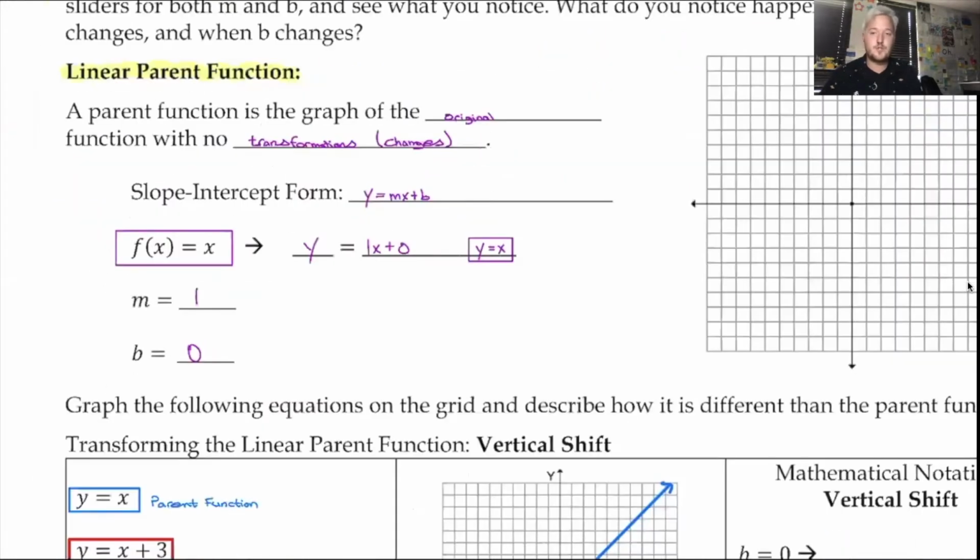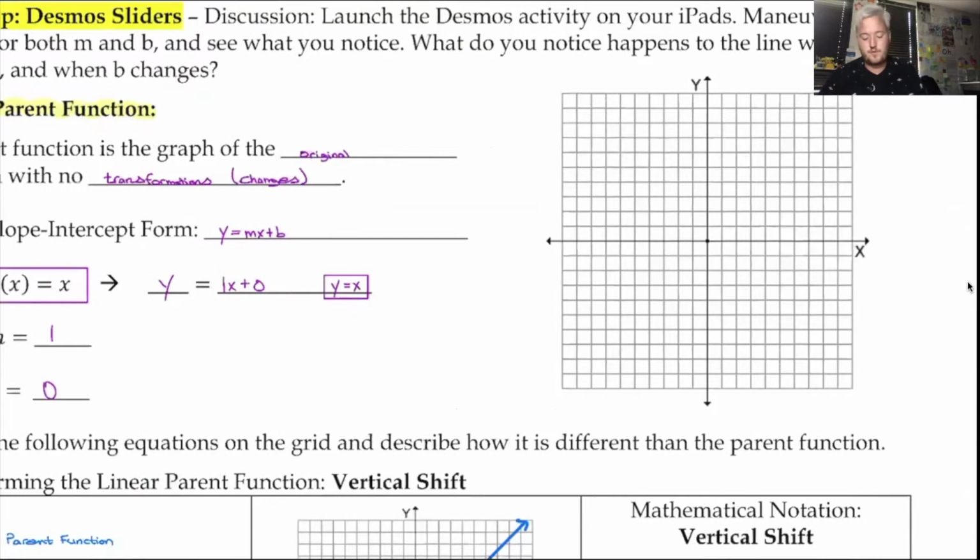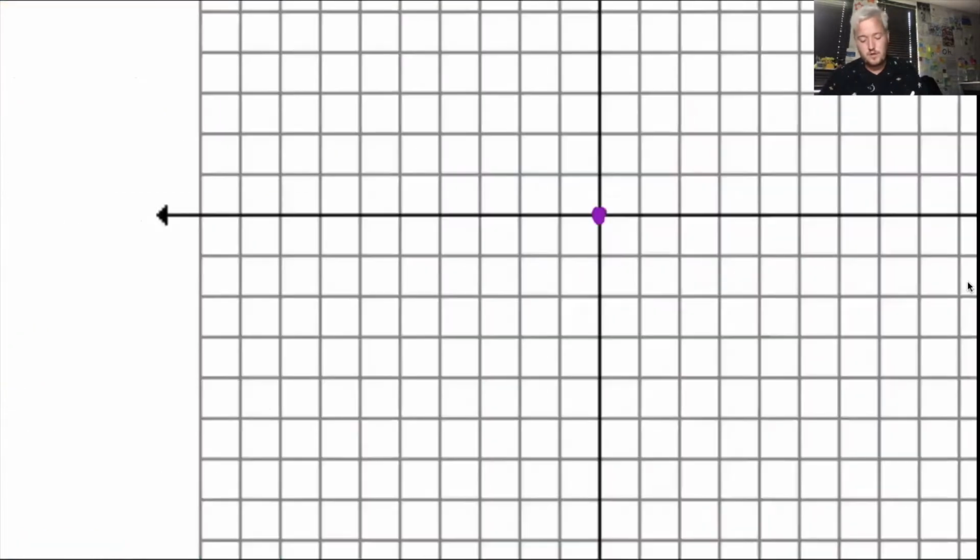I'm going to start by just graphing the parent function. I'm going to start at 0, at the origin, and go up 1 over 1, up 1 over 1, up 1 over 1, up 1 over 1. So it's just constant up 1 over 1. I'm actually going to go the other way as well: down 1, left 1, down 1, left 1, down 1, left 1, down 1, left 1.